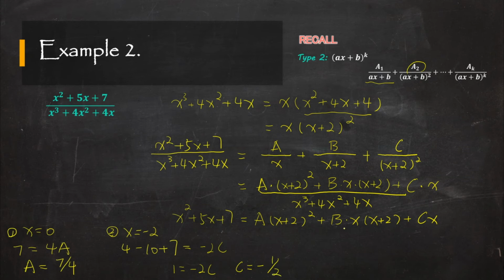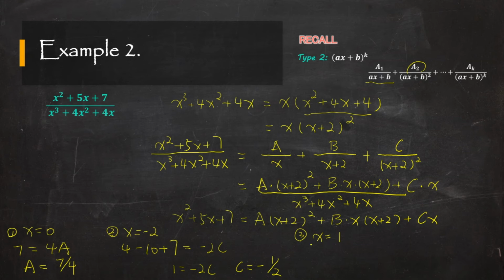And we're still missing b, so the last assumption is just make a very simple number. So I will just say if x equals 1, because here I already have the a and c.